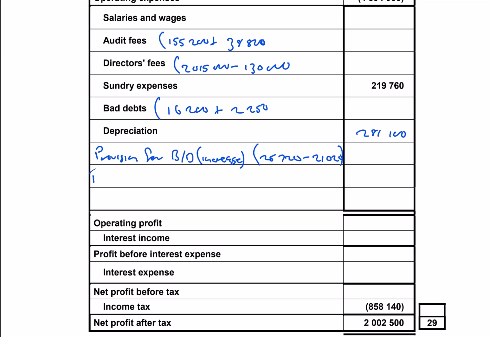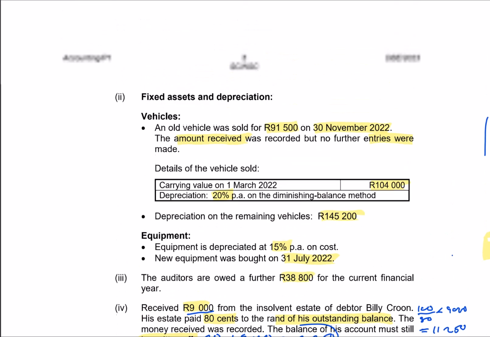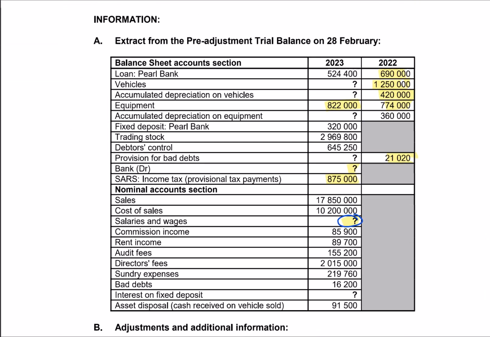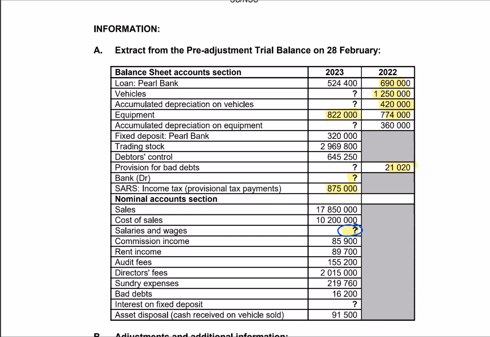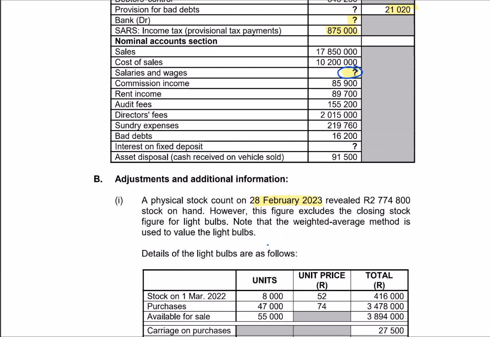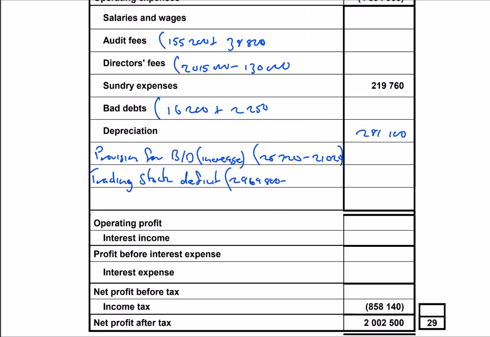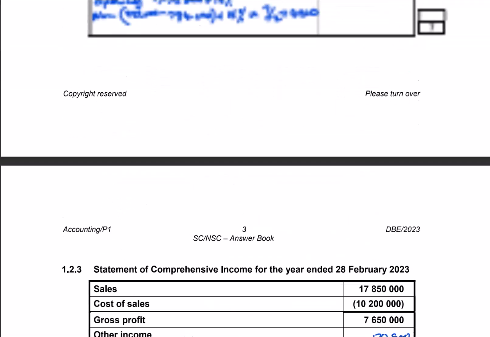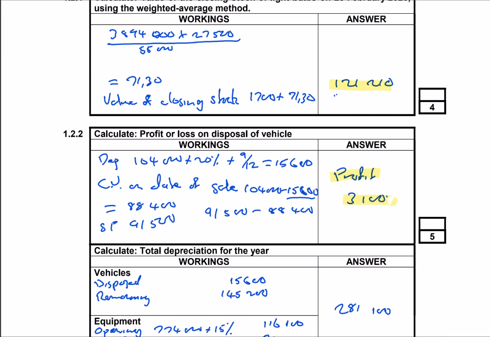Right, then trading stock deficit, that's 2,969,800 minus notes 2,774,800 minus 121,210, the one that we calculated right at the beginning, this one here, right?